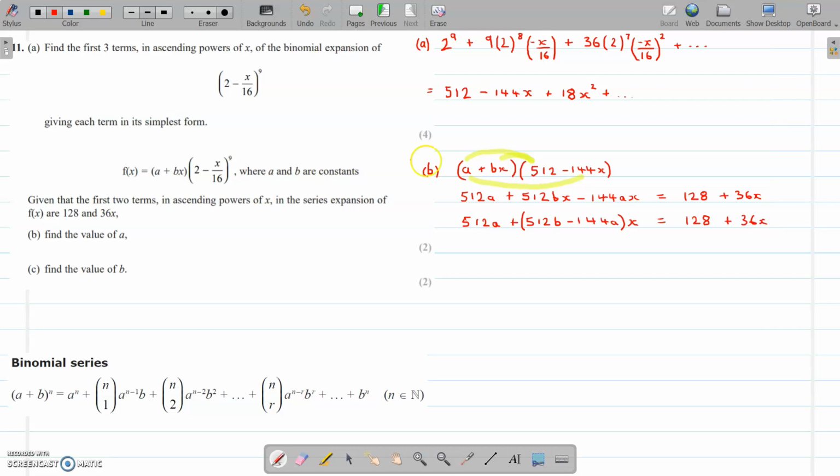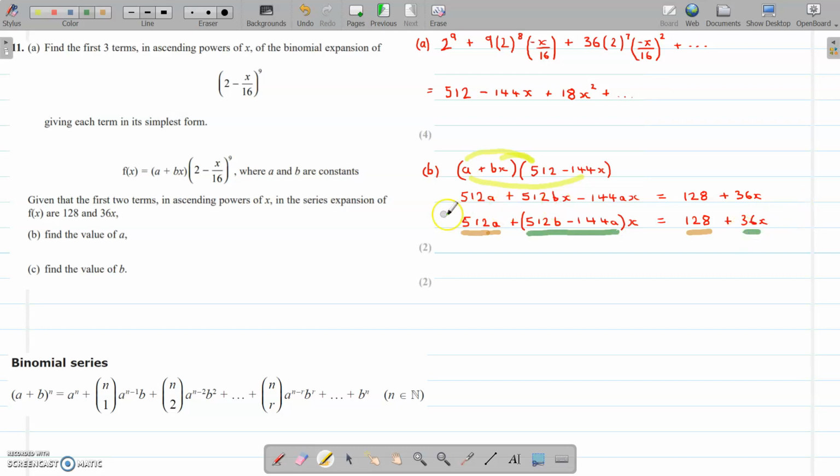Now, I'm just going to equate coefficients. It's very easy. So essentially I'm going to take this part here. Let's have this orangey color. So 512a is going to be equal to 128. And 512b minus 144a is going to equal 36.